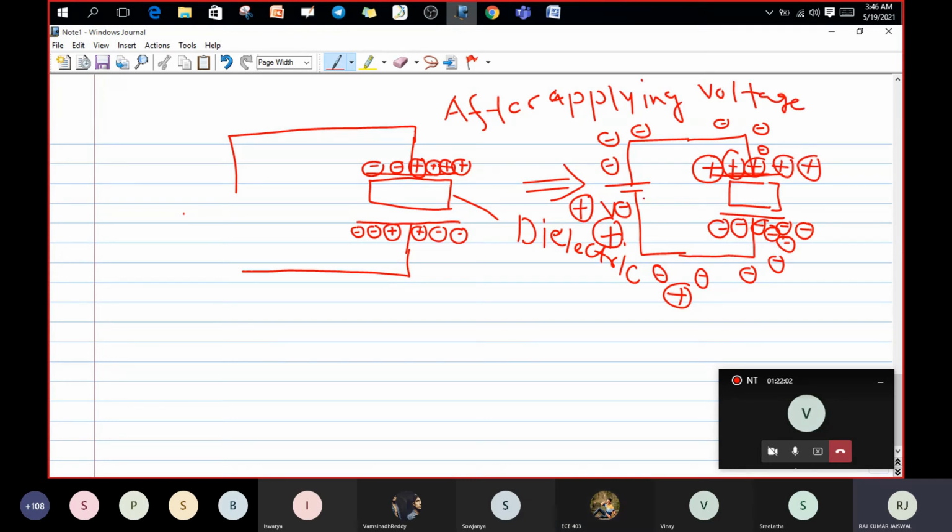When I apply the voltage supply, the electrons started attracting toward here and accumulating on the negative side, and the positive charges are attracted toward the other side, because up to that time they are not saturated. If they get saturated, that means they will start repelling each other.